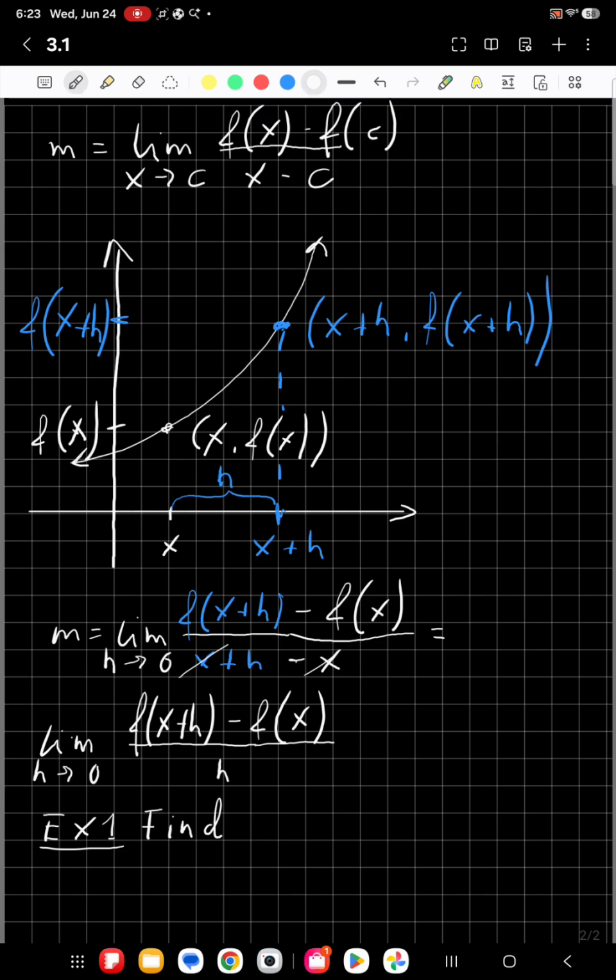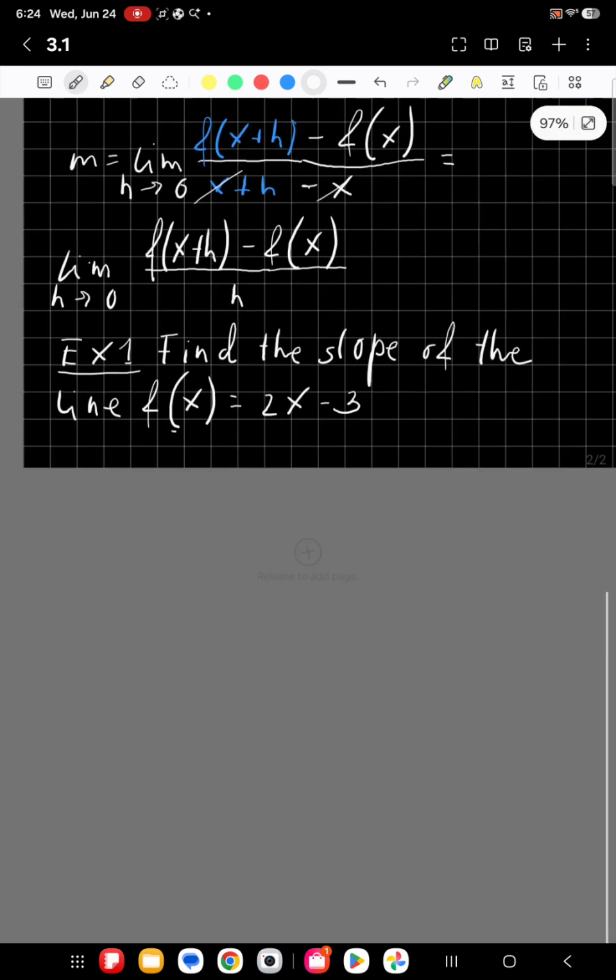So find the slope of the graph. The equation, the function is 2x minus 3, and we already know what the slope is. The slope is 2 because it's just a straight line.